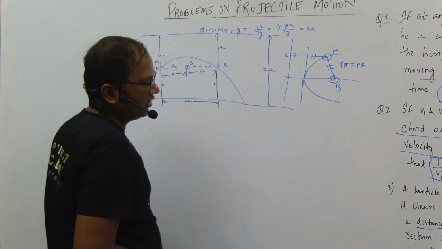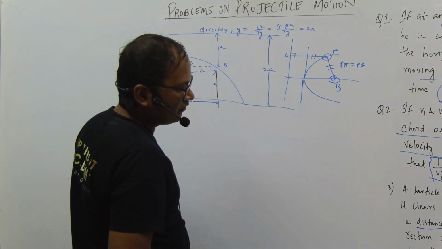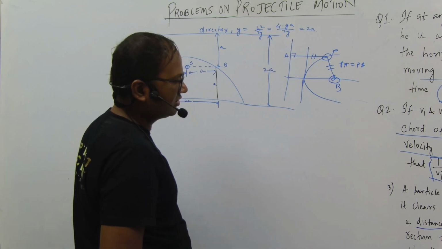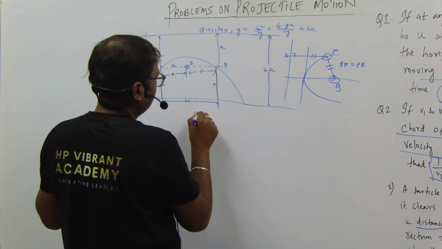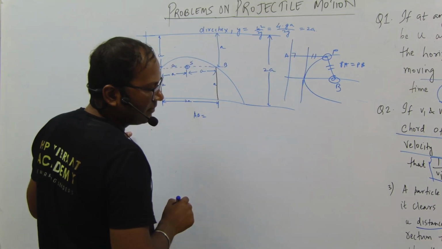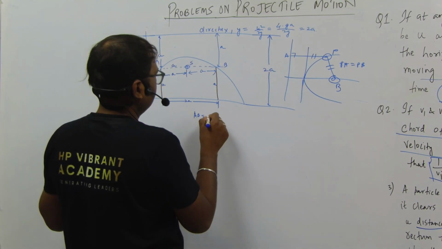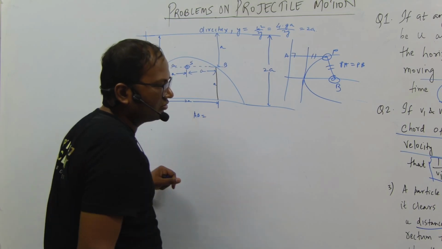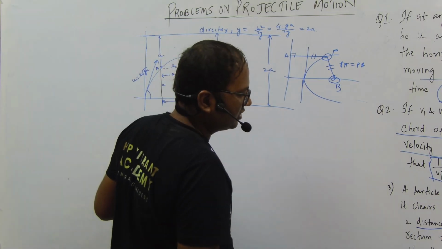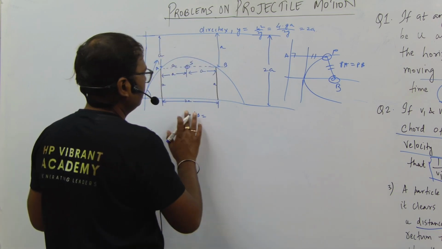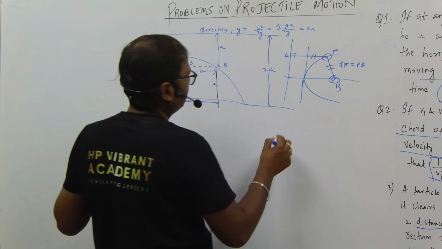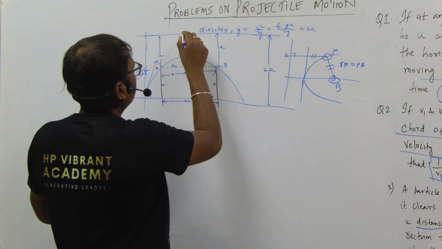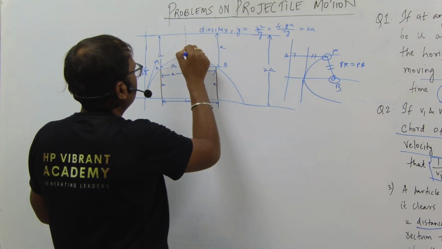Now what we have to find is the length of the latus rectum. What is given in the question: show that the latus rectum of the path is 2a. The latus rectum is the chord that is perpendicular to the axis of the parabola.